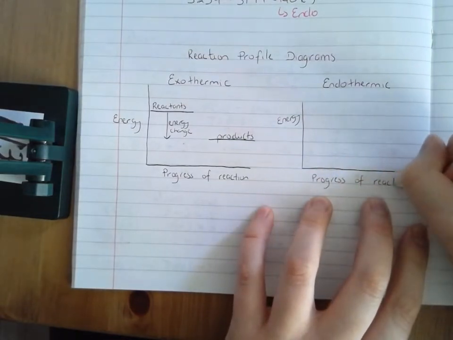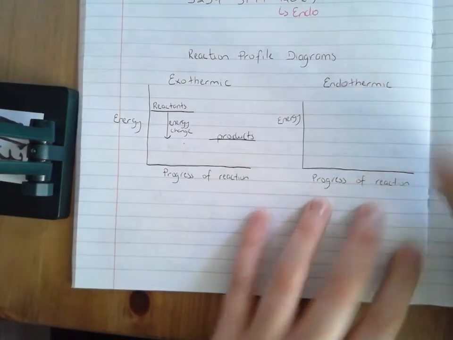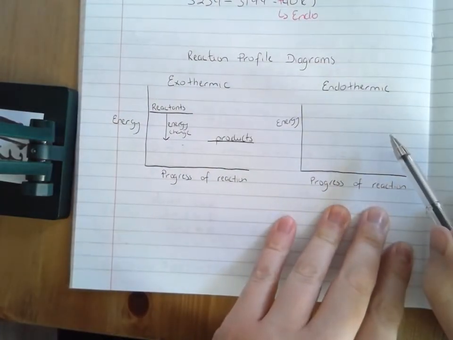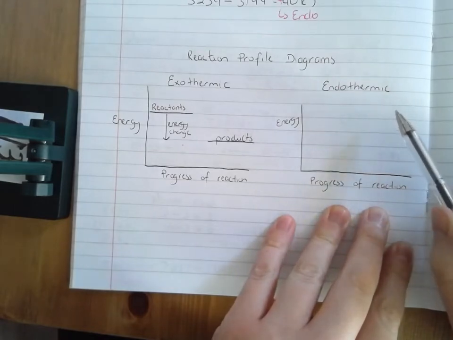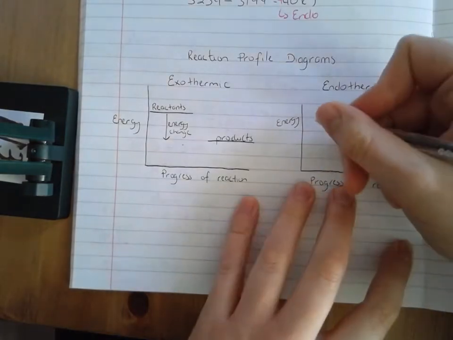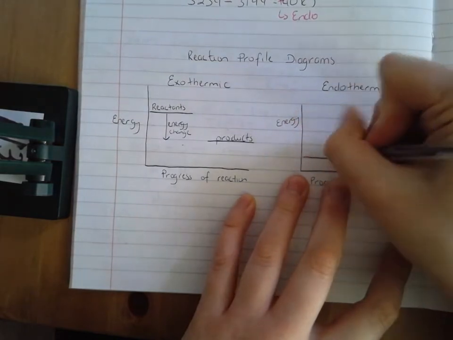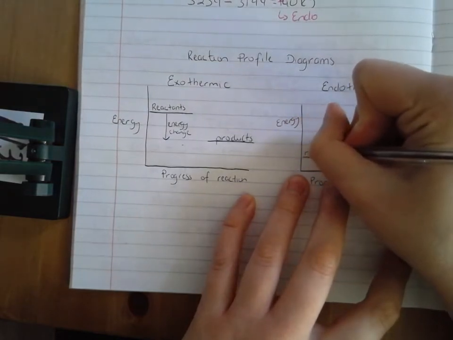In an endothermic reaction, I know that energy is taken in. So if energy is taken in, then my products should have more energy than my reactants. So I'm going to start with my reactants right down here.